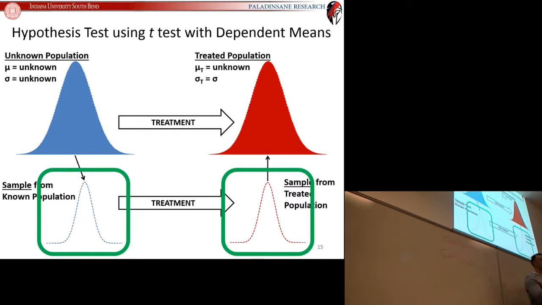And we ask ourselves, is this sample from the smashed into population different enough from this sample from the hit population, or do they really belong to the same population? Is the difference big enough so that the two populations are different, or is it small enough so that they're basically part of the same population?